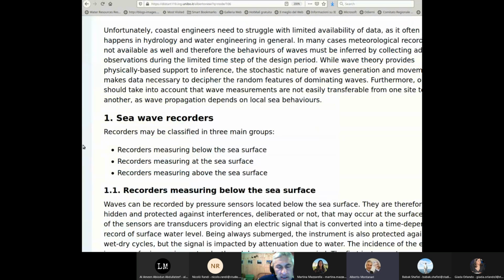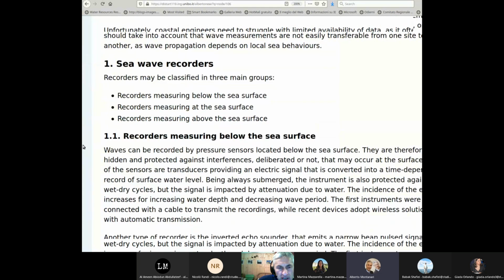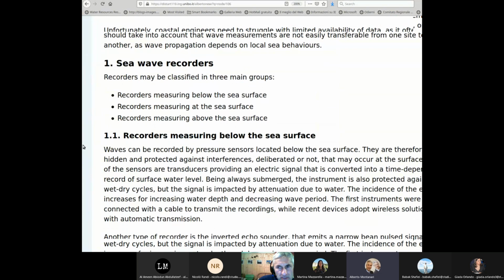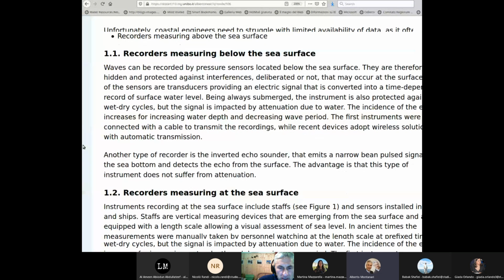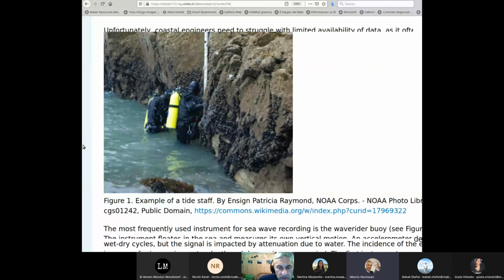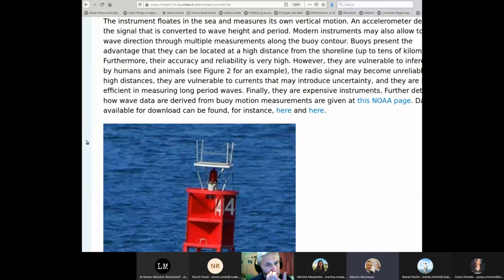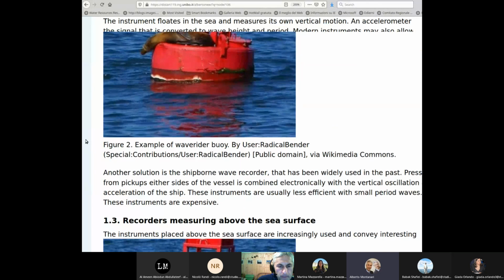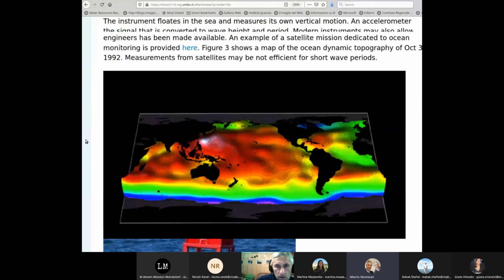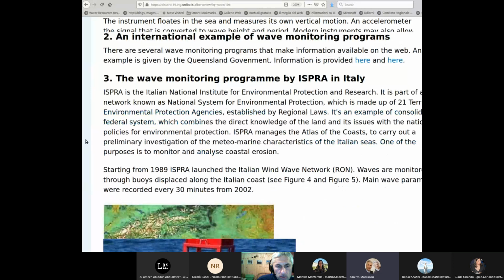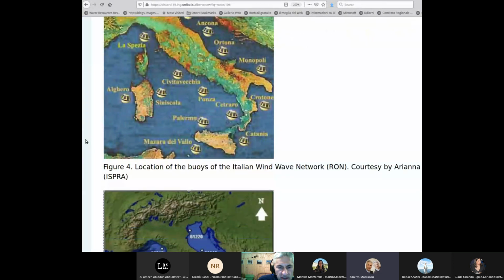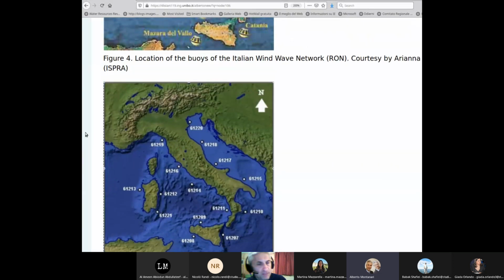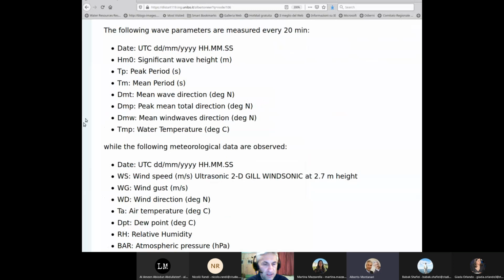And it tells you how waves are monitored. Maybe something was already discussed by Professor Archetti. And just have a look at this. This may be a descriptive question that I may ask at the exam. And it's not long. I would just like you to study this as an independent and autonomous activity.